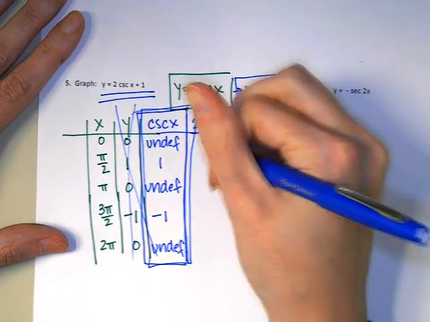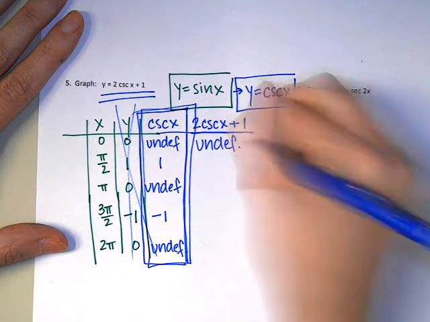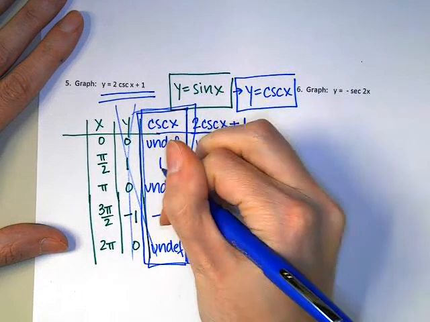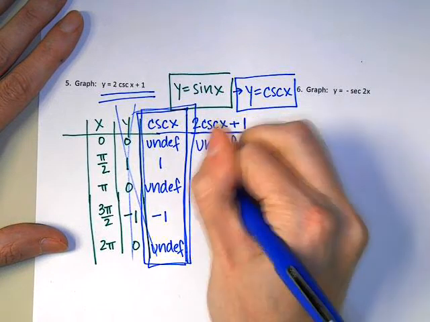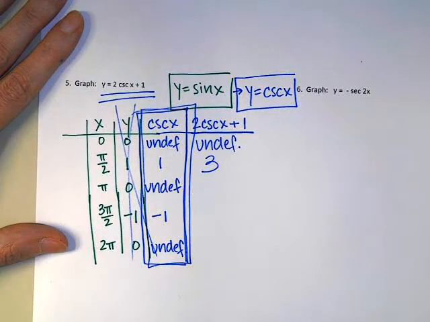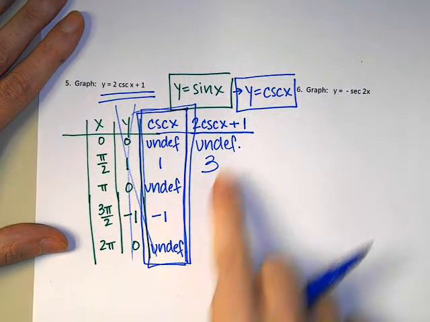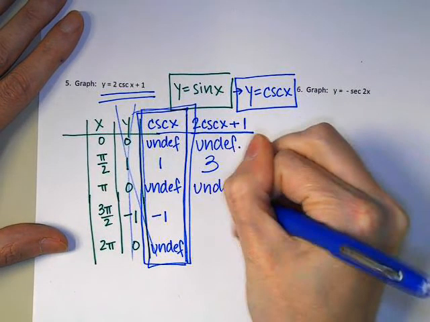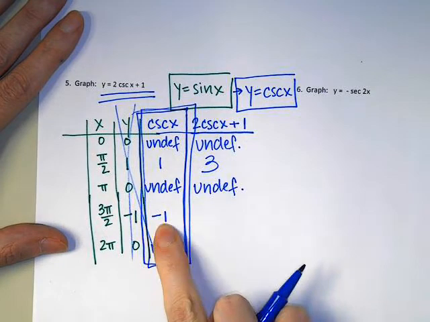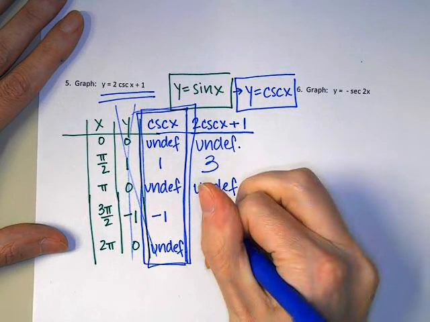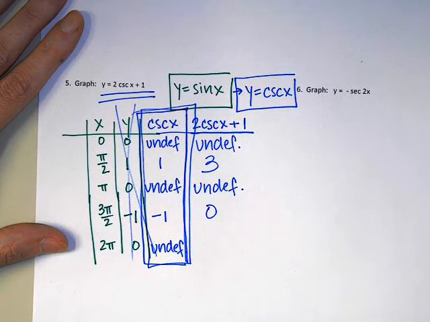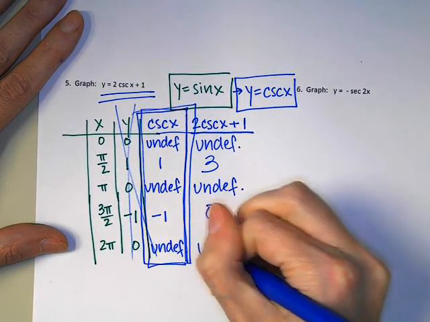Okay, so undefined is still undefined. 2 times 1 plus 1 is 3. Undefined is still undefined. 2 times -1 plus 1 is 0. And then undefined is still undefined.